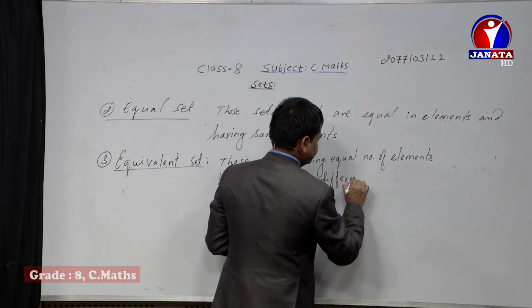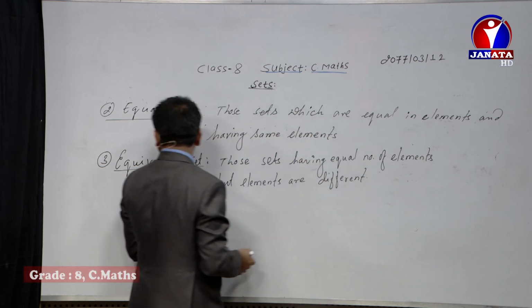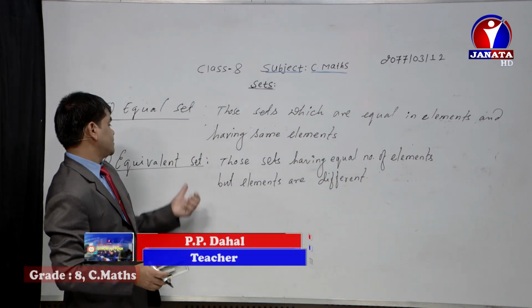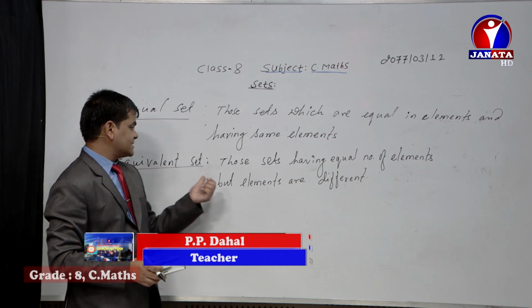Such type of set is known as an equivalent set. So in case of equal set you are clear, and in case of equivalent set you are clear.